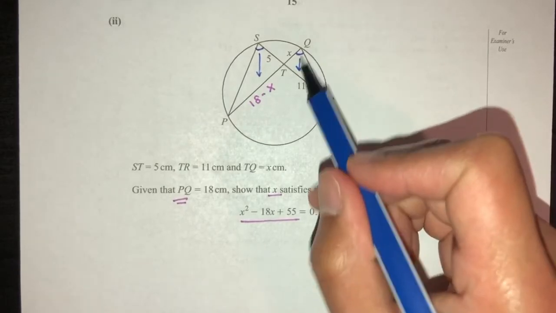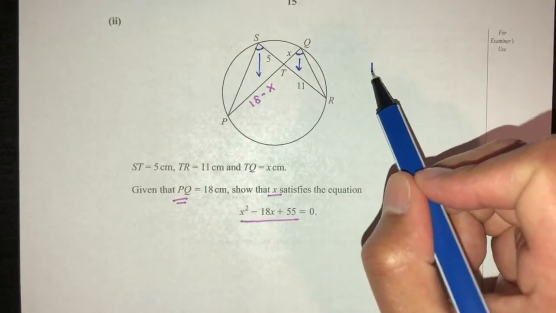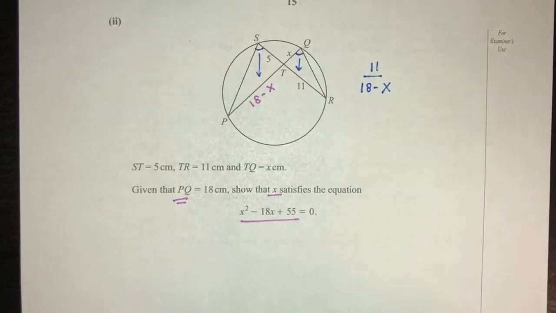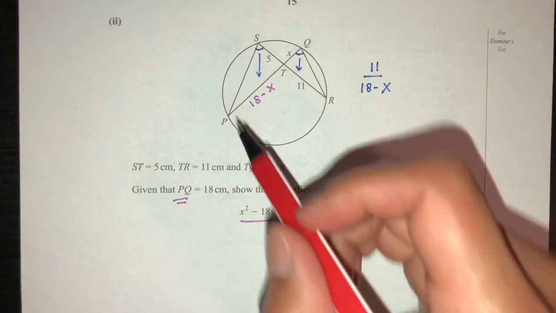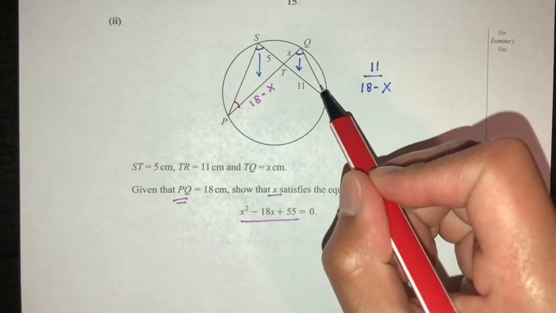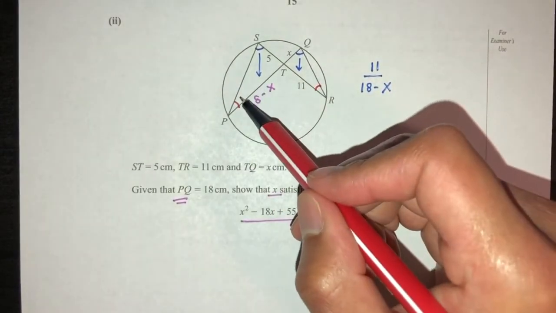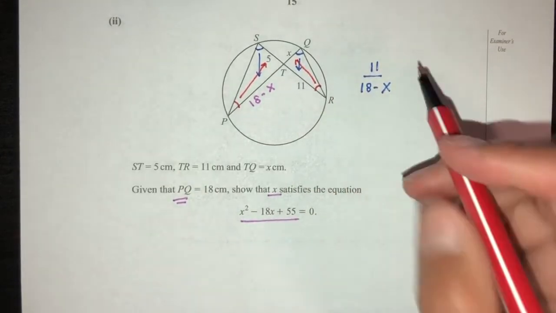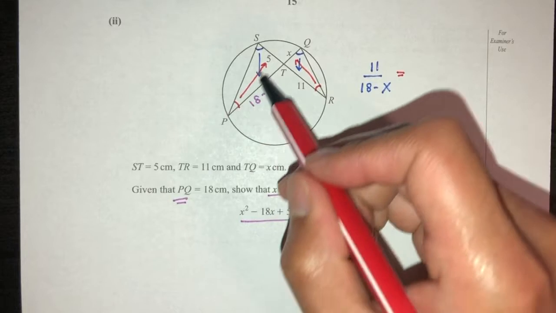For this triangle, we can write 11 over 18 minus X. Next, we know that this angle and this angle are the same from part 1, so this side and this side, right? So we can write equal to this triangle first.